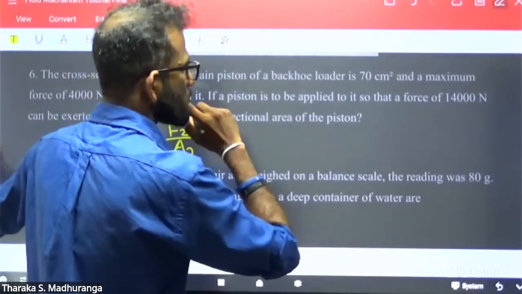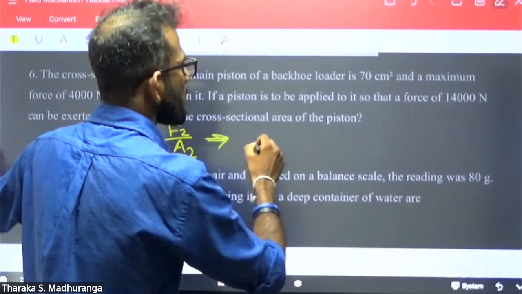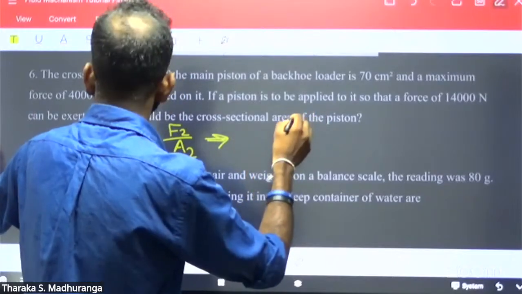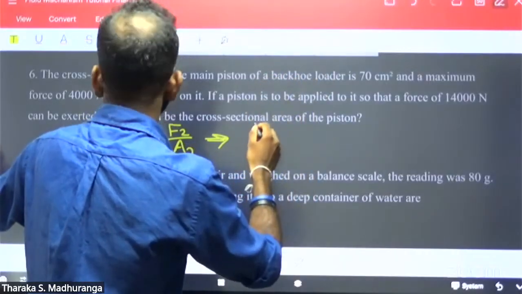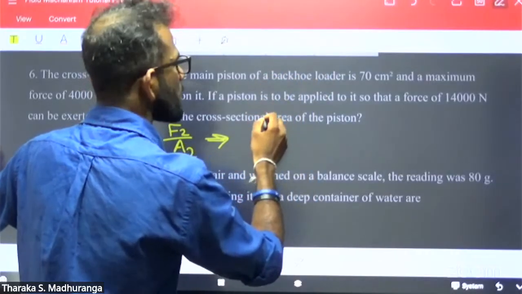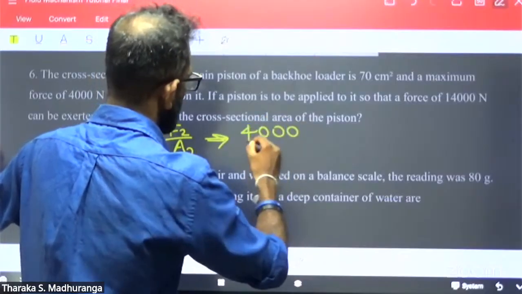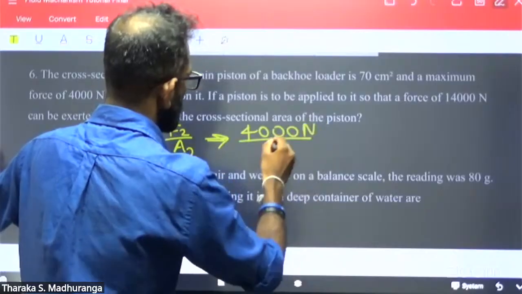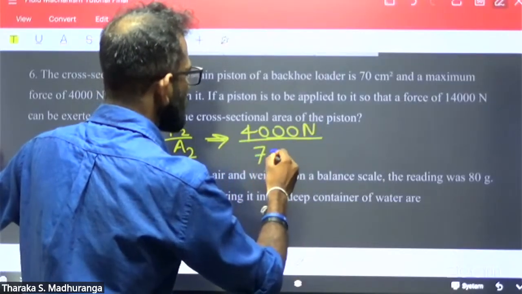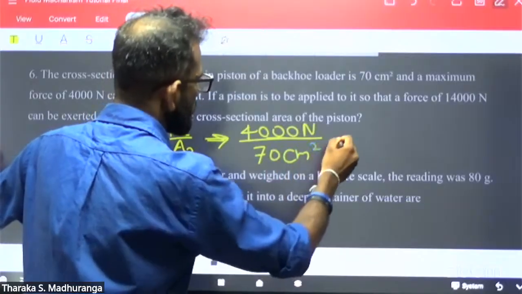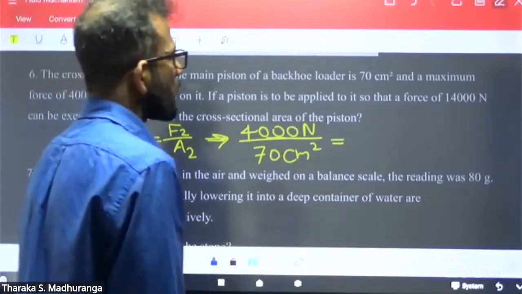F1, I think the main piston, is 4000 Newton. 70 square centimeter, we don't need to convert because the units cancel out.